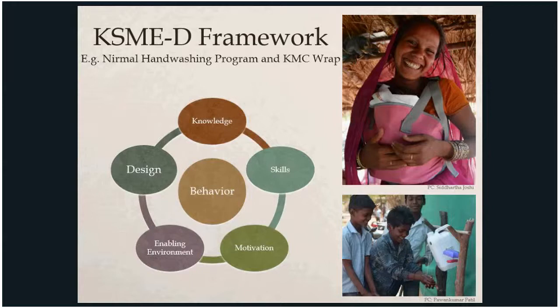The next, what is the motivation for her for using this particular kangaroo mother care? Same motivation. It is your baby and you are going to do the best possible thing in the world for that baby. Second, can you still do it while doing all other activities at the same time? Your child is quieter. If it wants breast milk, you are easily going to provide the breast milk. If we modify the design of that particular wrap in a particular way, you will see that she doesn't have to remove the blouse.